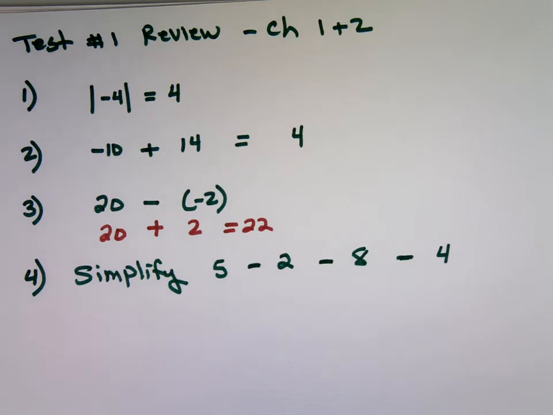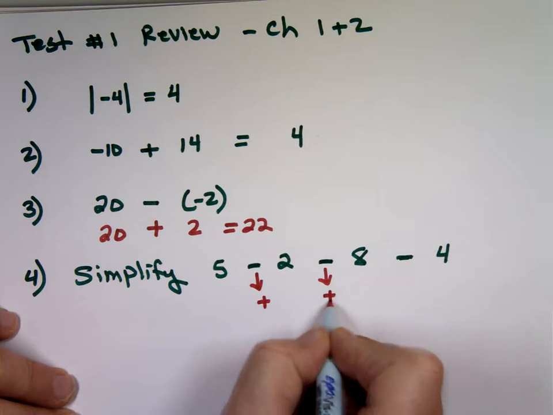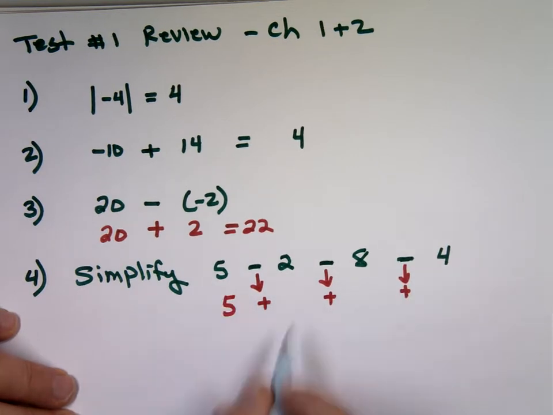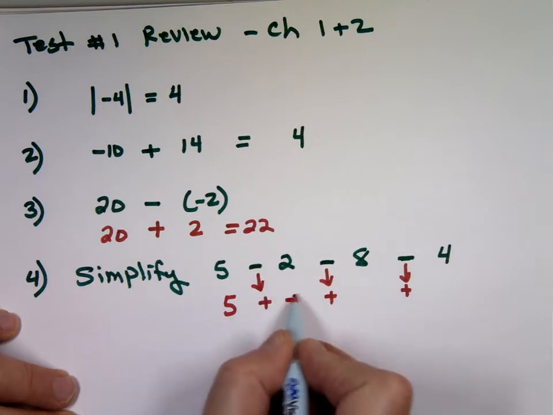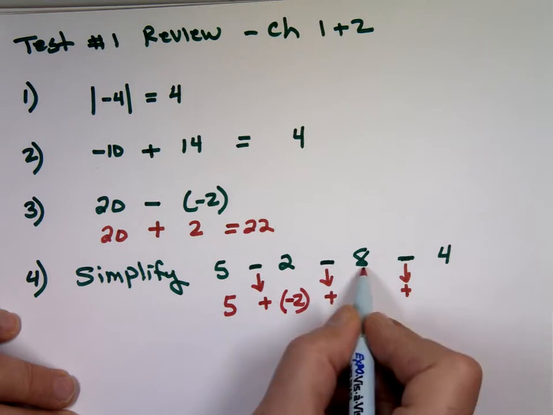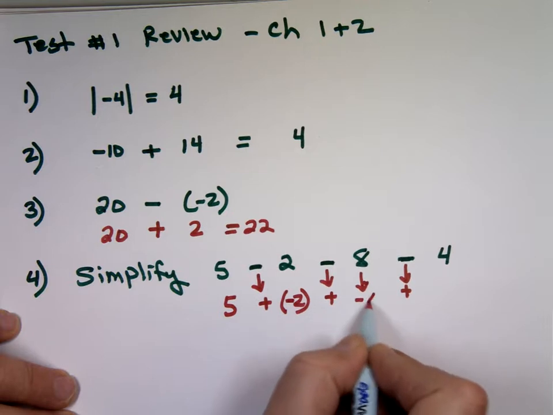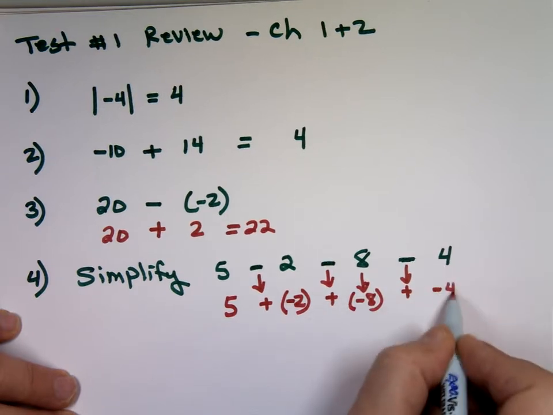Again, if you remember, I said if I was doing these, I will change all the subtractions to additions first. Keep the first one. Since I'm changing this, I got to change that number. This becomes what? Negative 2. I'm changing that to a plus. Change this number. This becomes what? Negative 8. And that number becomes a negative 4.